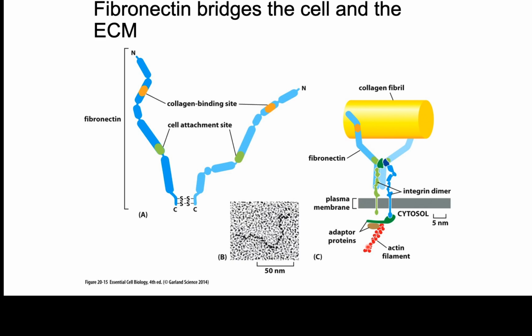They almost have that antibody-like Y shape to them. These integrin dimers can bind to these portions on the molecule right here called the cell attachment site. And then a little farther down the arm of these proteins is the collagen binding site.